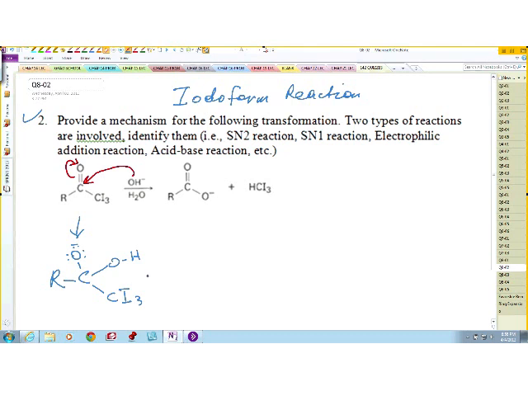Okay, now what happens? Double bond reforms, right? Okay, good. And in so doing, this triiodomethane will leave. Okay, and then you get this.